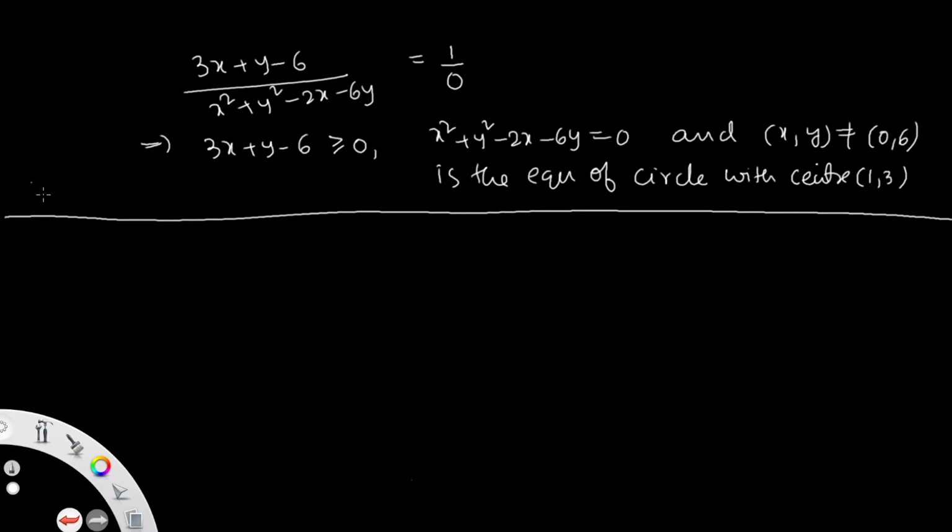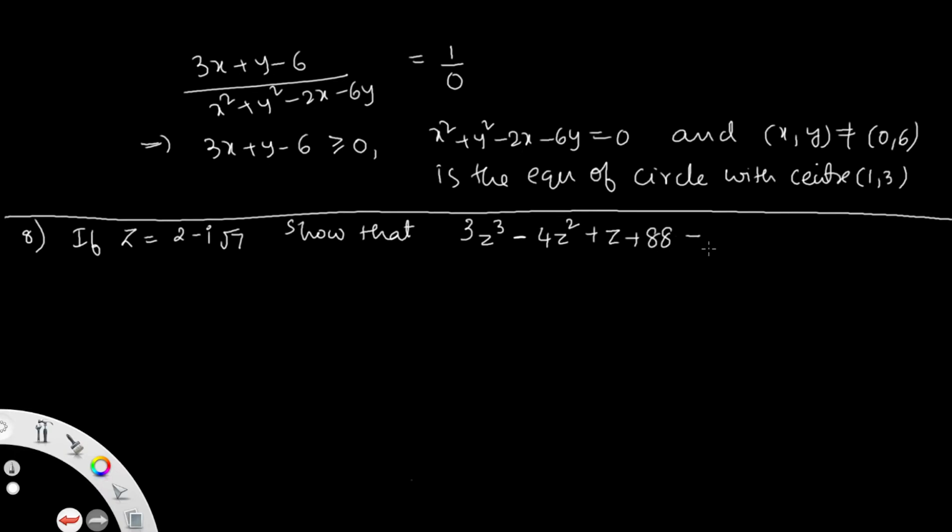Question number 8 is: if z = 2 - i√7, show that 3z³ - 4z² + z + 88 = 0. So first, the condition is given for z, and there are two methods for solving this question.